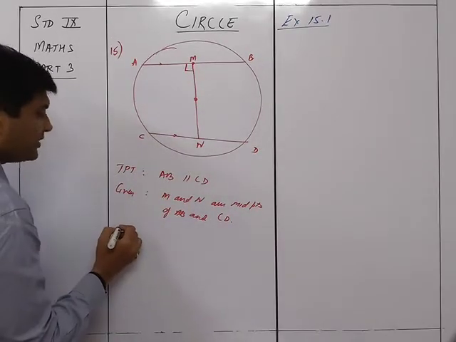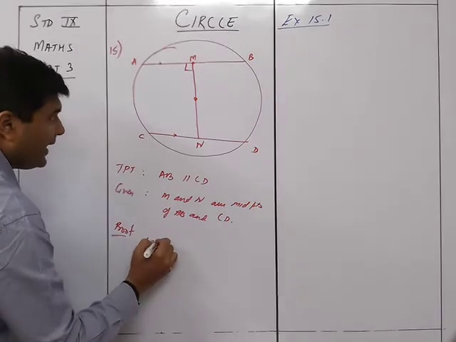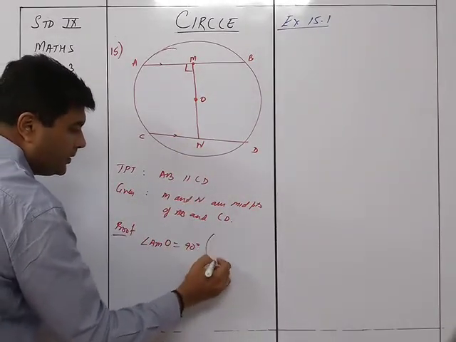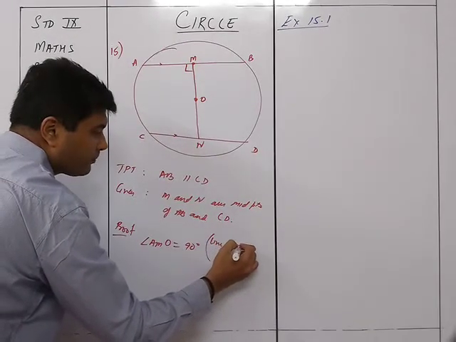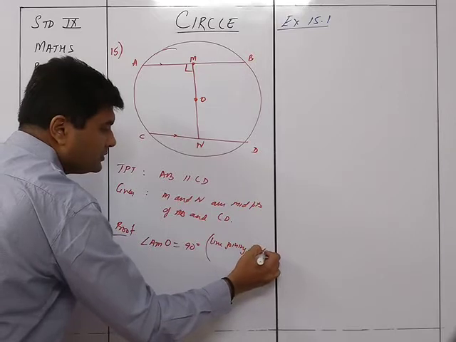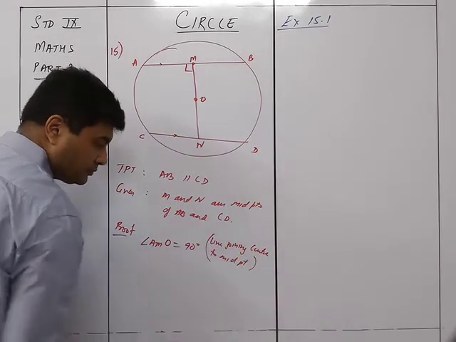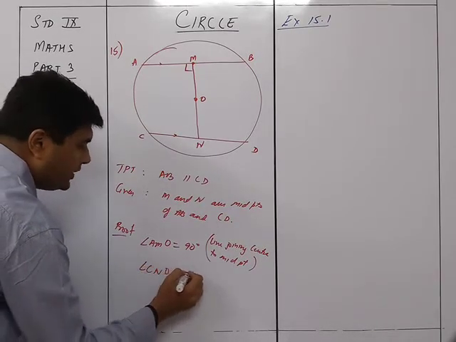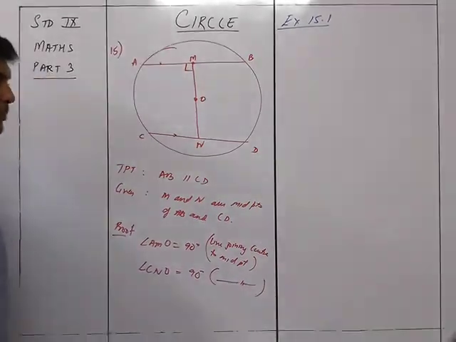So what comes first in the proof? Angle AMO is equal to 90 degrees because it is the line joining the center to the midpoint. Similarly, angle CNO is equal to 90 degrees, line joining the center to the midpoint.